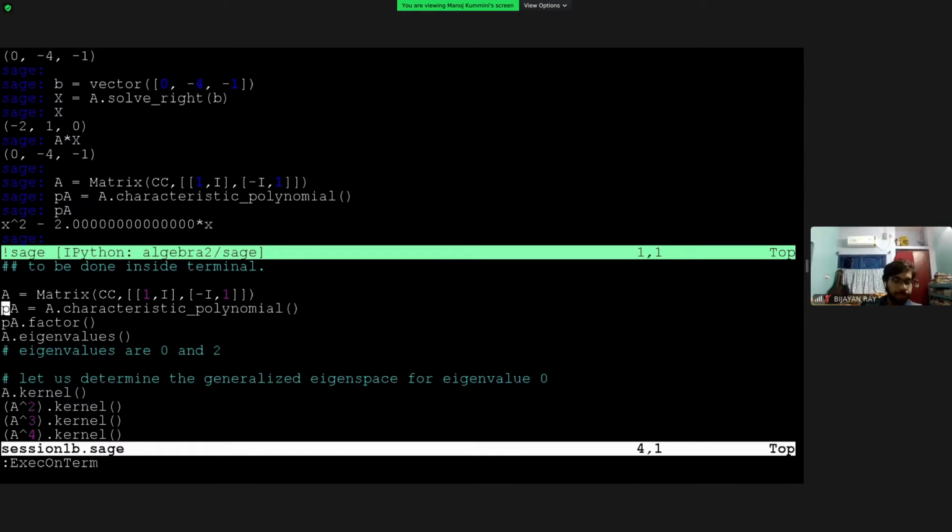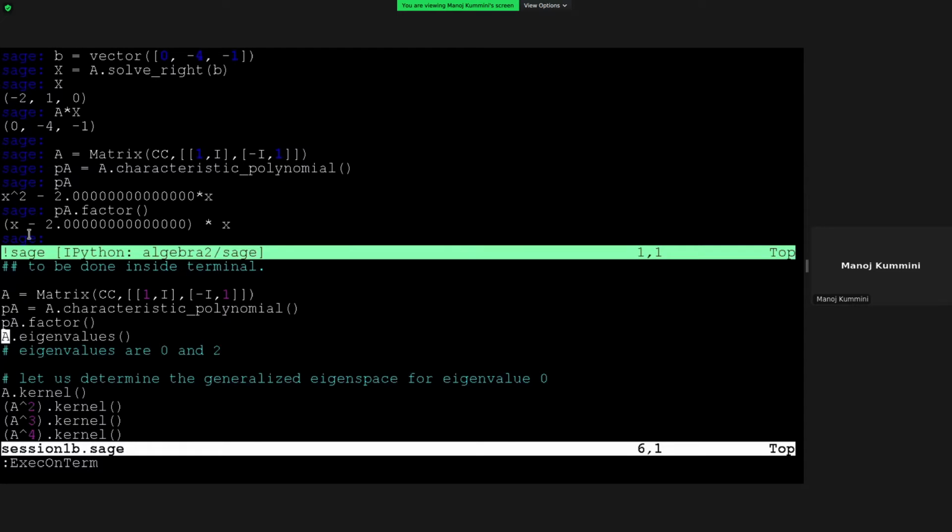So now I asked what the characteristic polynomial is. One can ask to factor, so it has factored. It must be using some library to factor a single variable polynomial.